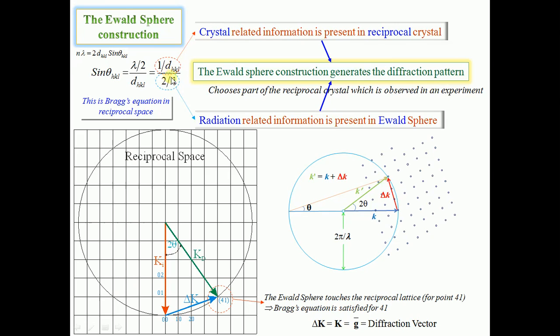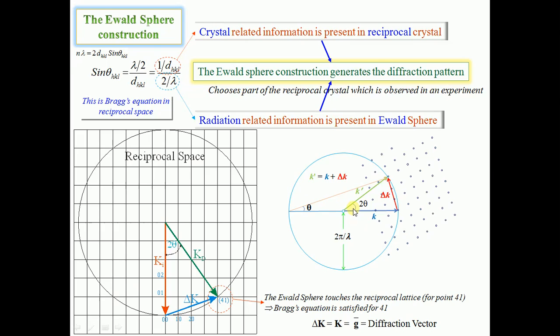So this is the direction of the incident electron wave, for example, and it is given by a momentum vector k bar. And after diffraction, let us say it goes to k bar prime, and 2 theta is the angle between incident and diffracted direction.